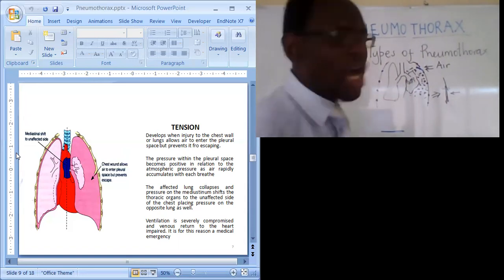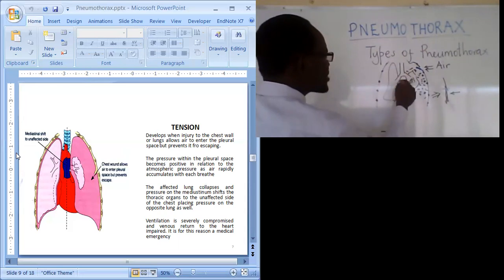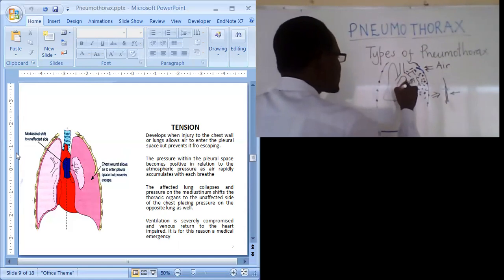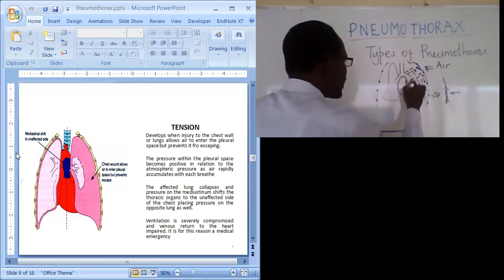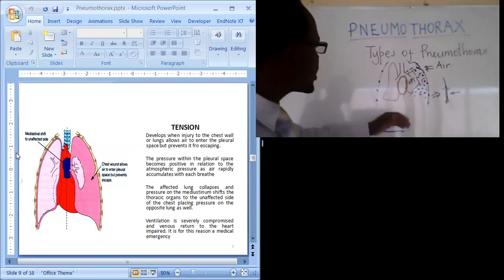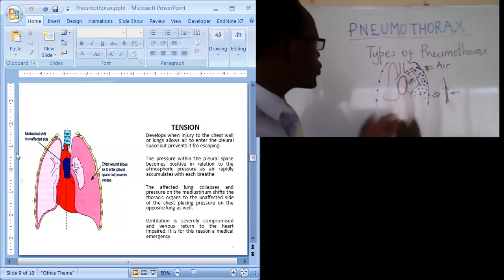In other words, because of too much pressure, these other organs are pushed too. For example, this region here is our heart, and it is pushed to the other side.